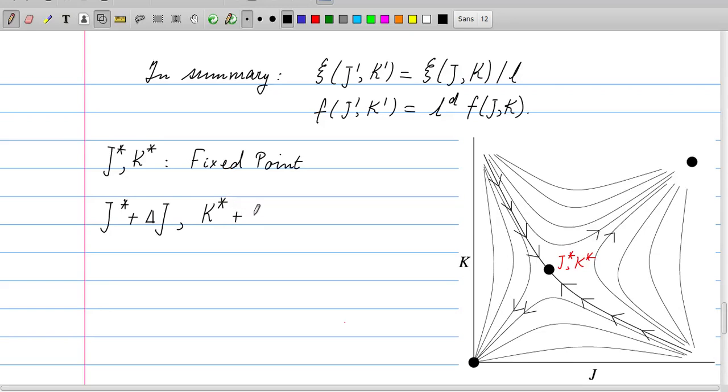And in order to study the flow, we need to know what happens to this delta J and the delta K. So we are going to do now the renormalization transformation. And then we will find, well, obviously J star maps onto J star. So the new point will still be in the vicinity of the fixed point, but the delta J has changed a little bit. That's now a delta J primed, and the delta K likewise, that will be a delta K primed.